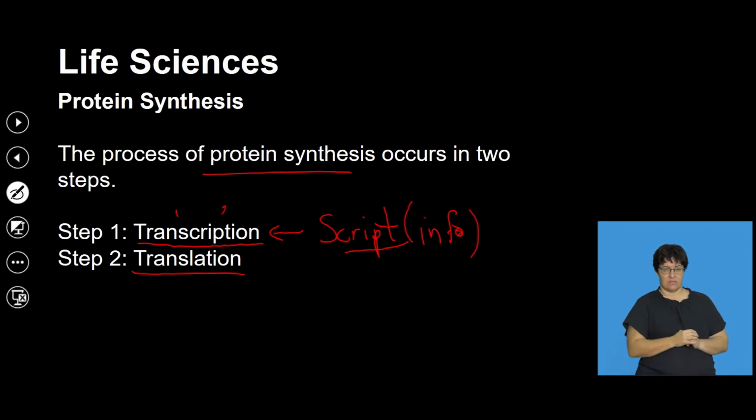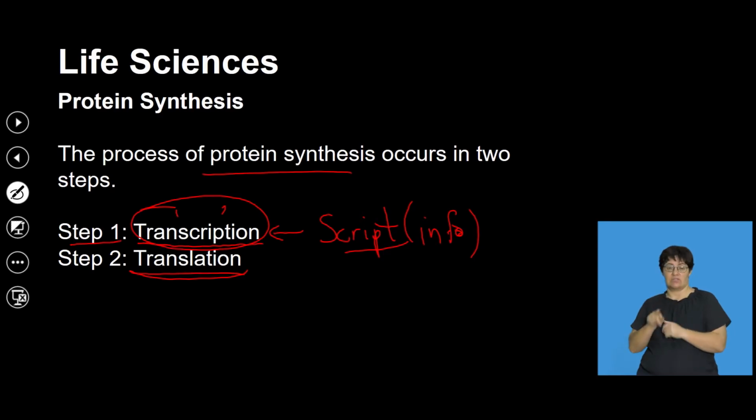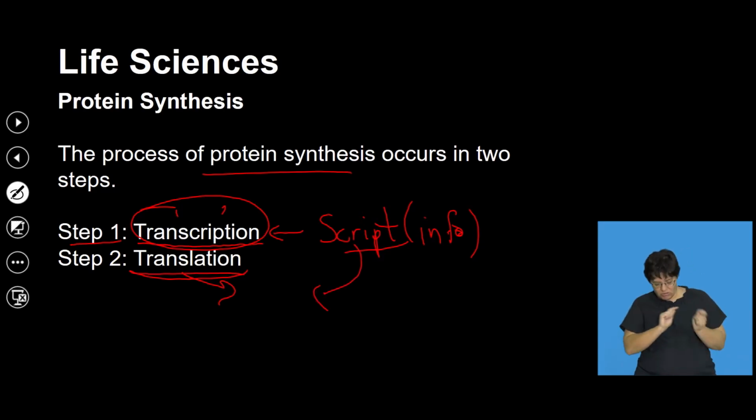The second step, translation, means to change the language or change the meaning. So the second step involves changing the script into a different language, or in this case, a different structure.